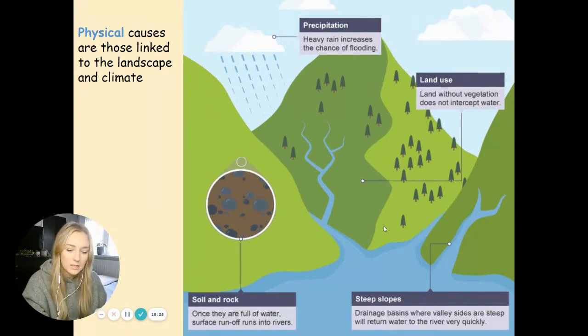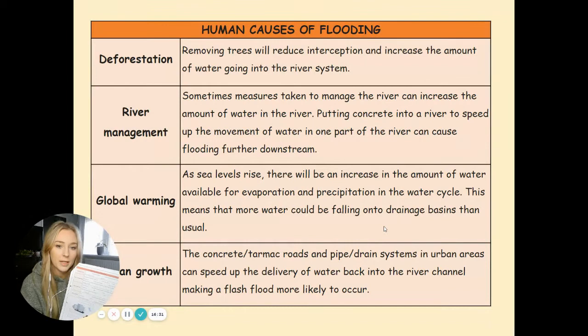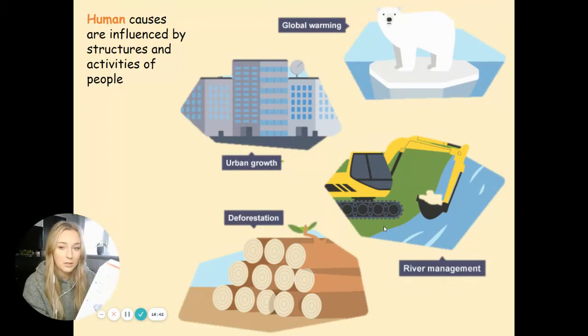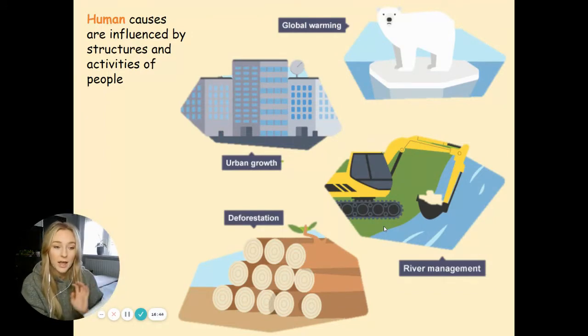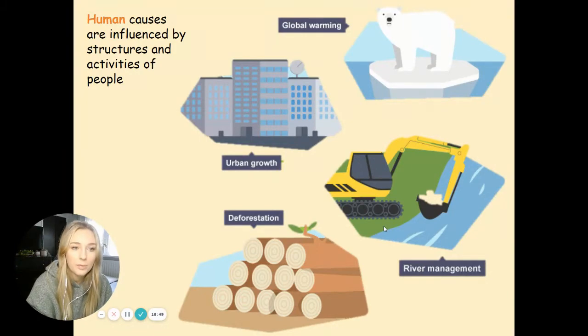So it makes sense that it would cause a flood. And then same again for your human causes of flooding, missing words, copy them in. And then this is the same format again. This is essentially exactly what you could write in the exam. And then you have your little images explaining the human causes of flooding, sorry. So copy those in as well.